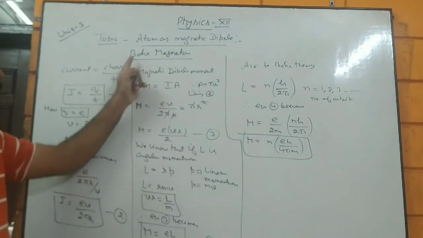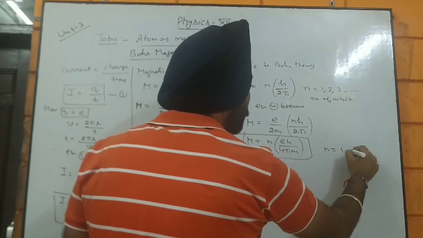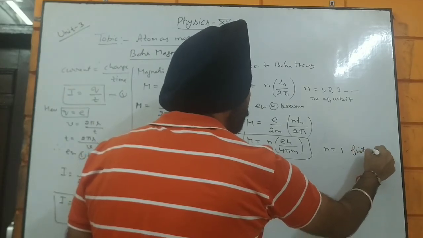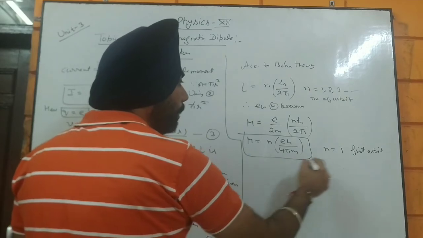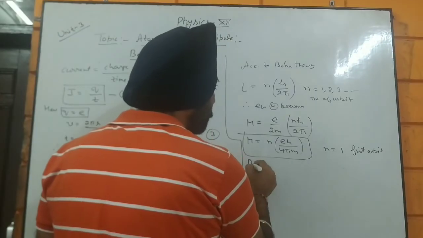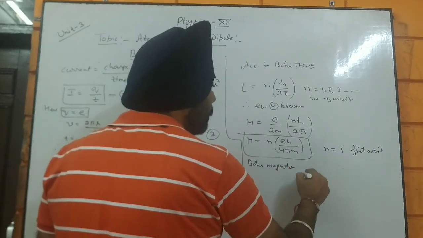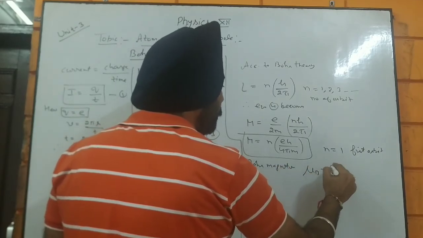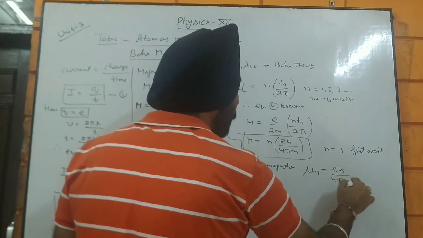But if you want to calculate Bohr magneton, now Bohr magneton value is when n is equal to 1, which is first orbit. So therefore then the Bohr magneton is having a different symbol, which is mu b, which is equal to now eh upon 4 pi m.